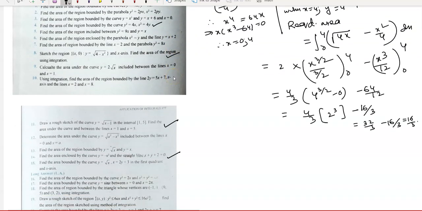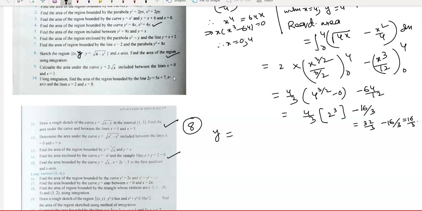Let us do number 8 here. Insert the exemplar. Sketch the region. The x to 0 is a typing mistake here. y equal to root of 4 minus x square and the x-axis. This kind of sums we did in the previous class.